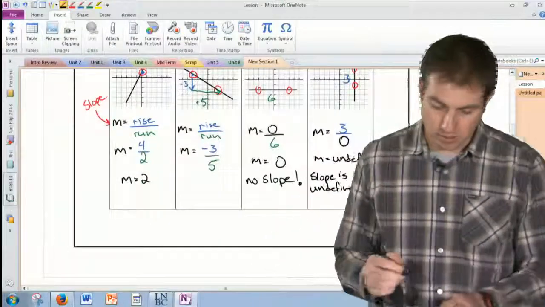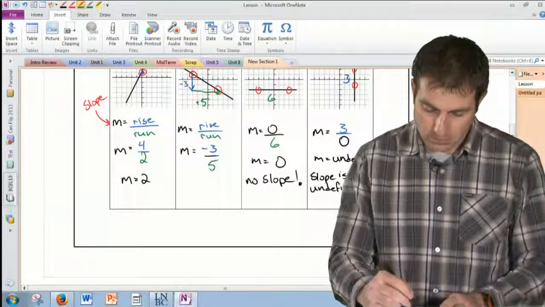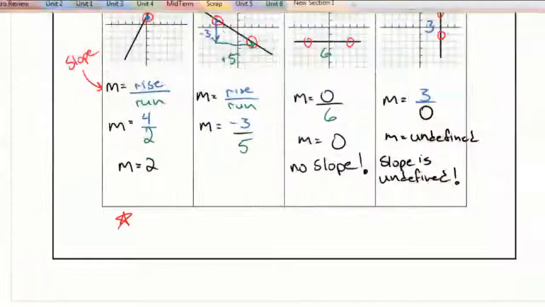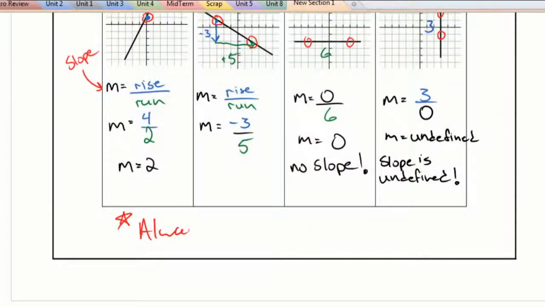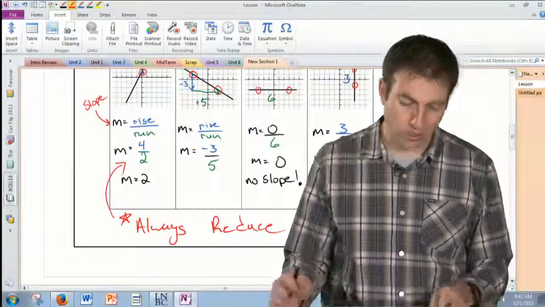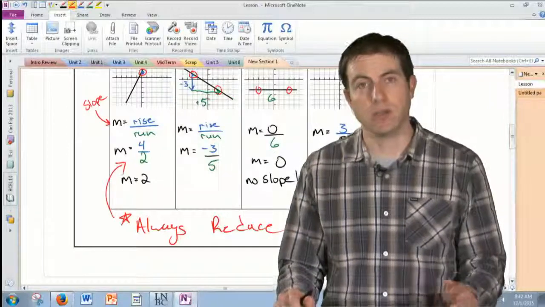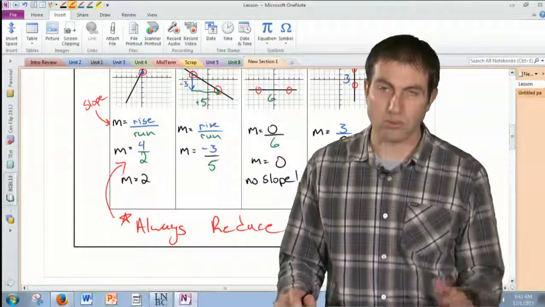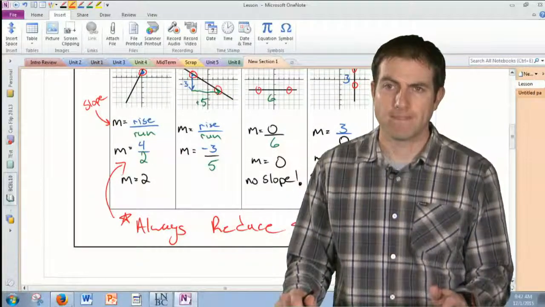And one thing that's important is that when you are calculating your slopes, you should always reduce your values. So try to get your slope in the simplest form you can. So like right here, 4 divided by 2, we said, okay, 4 divided by 2 is 2. We've reduced it as far as we could.